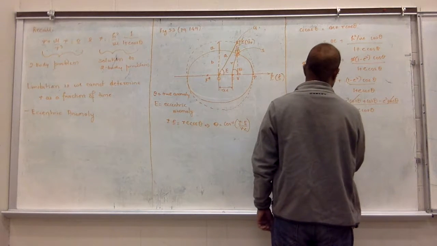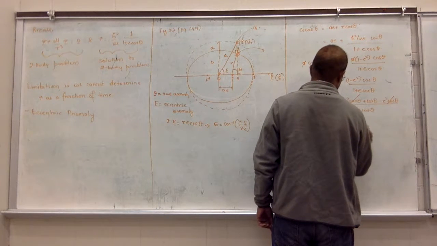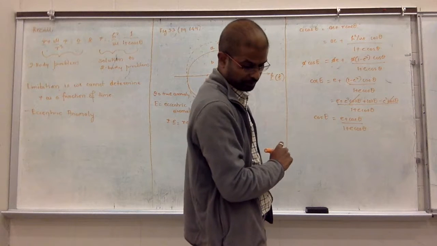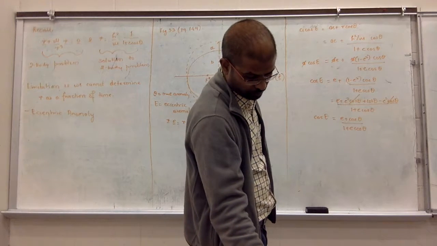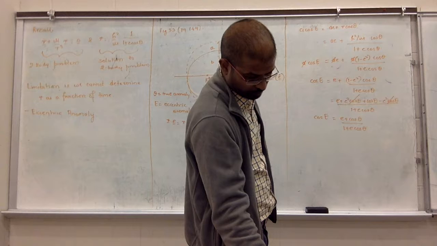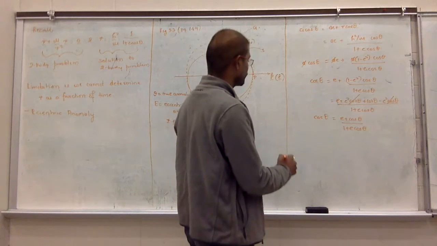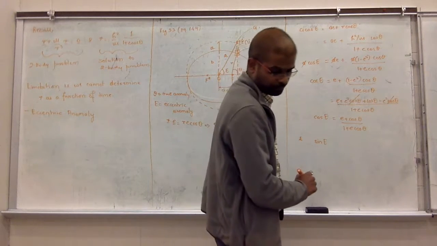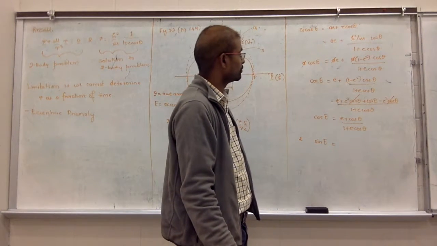So this cancels with this, and we end up with E plus cosine theta divided by 1 plus E cosine theta.